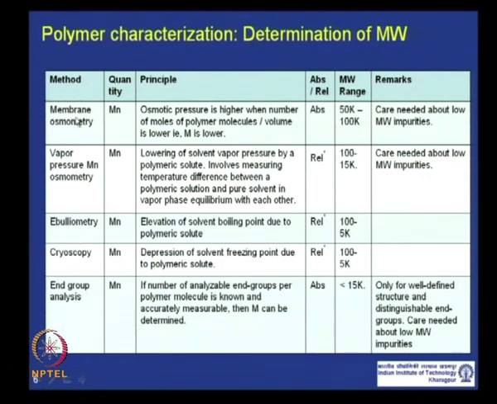The first four techniques are based on colligative properties, so the principles are similar. If you understand one of them, the rest will be clear to you, and since colligative properties give the number average molecular weight, these all give number average molecular weight.